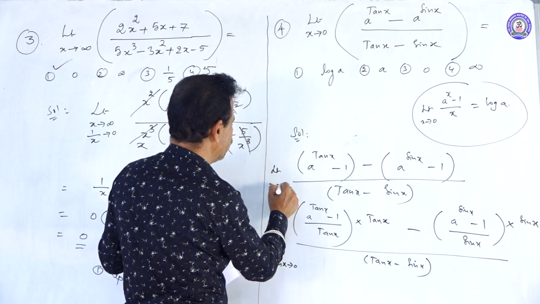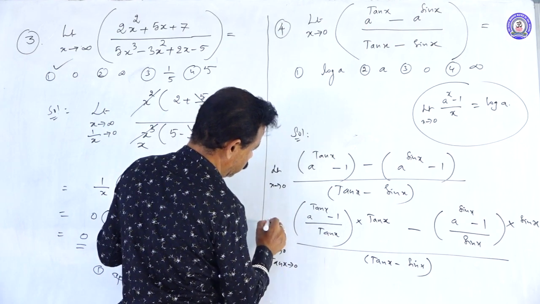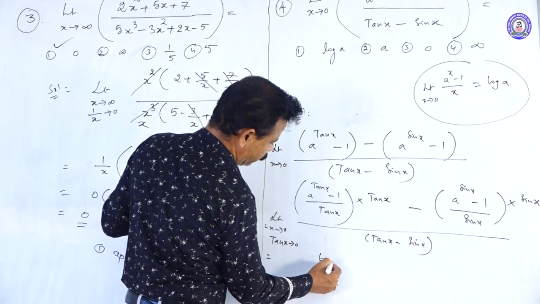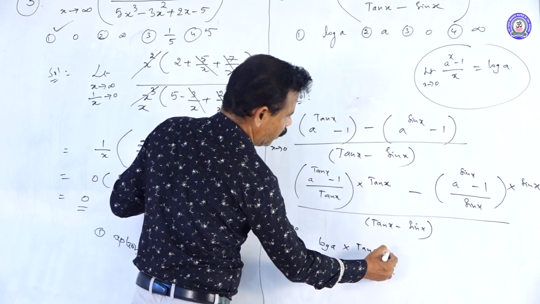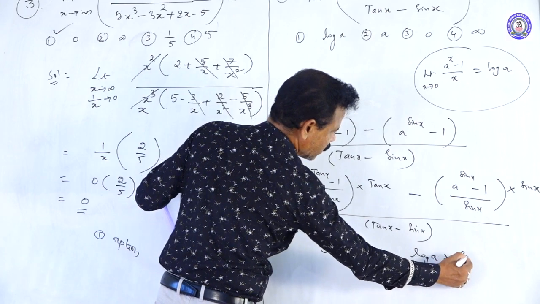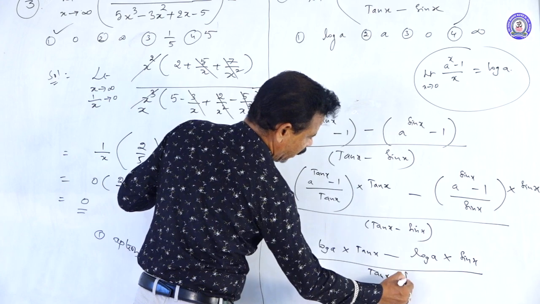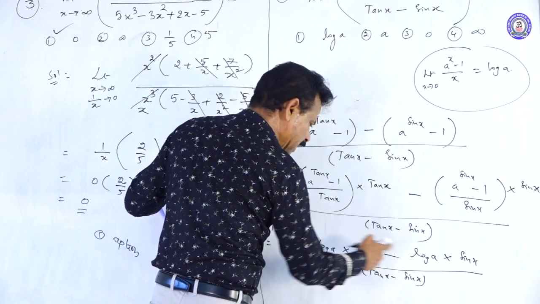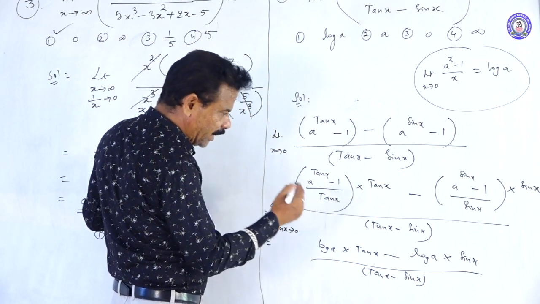Here also, limit x tends to 0. Then it is equal to log a into tan x minus log a into sin x, division tan x minus sin x. Here log a, both terms have it, so we take log a common outside.